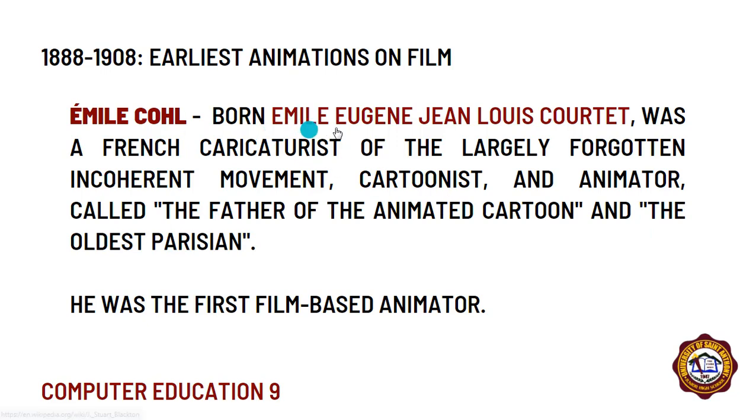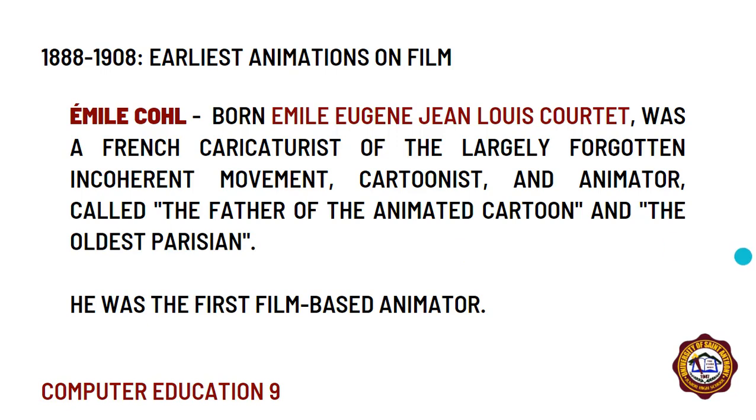Okay, we also have Émile Cohl. So, Émile Eugène Jean Louis Courtet was a French caricaturist of the largely forgotten Incoherent movement, cartoonist and animator, also called the father of the cartoon or the father of animated cartoon.